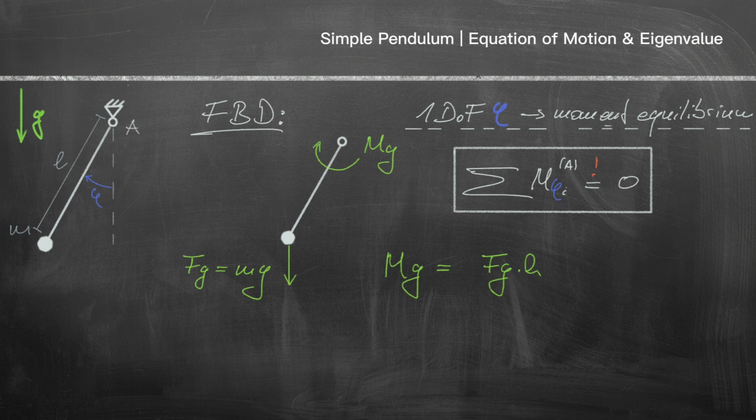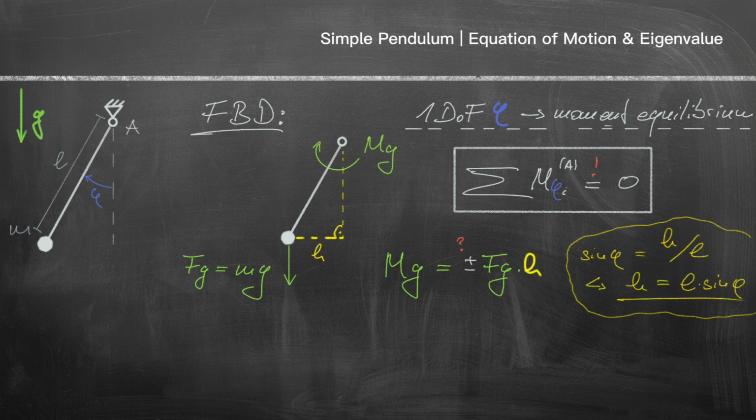However, at this point, the difficulty arises with the sign, plus or minus. We will look at this in a moment. First, let's determine what the lever arm actually is. The lever arm depends on the angle because sine of phi is equal to h over L. This leads to h is equal to L times the sine of phi.